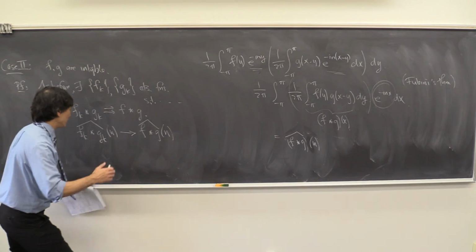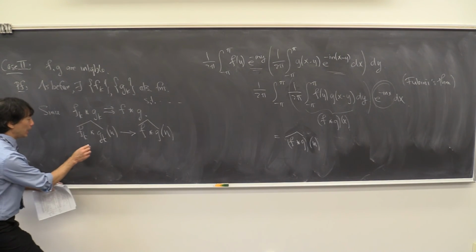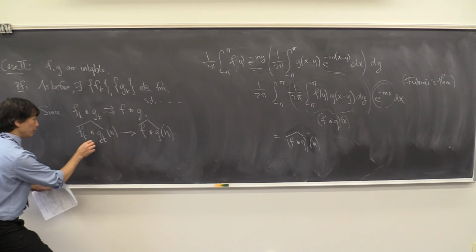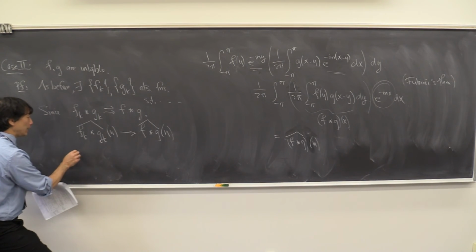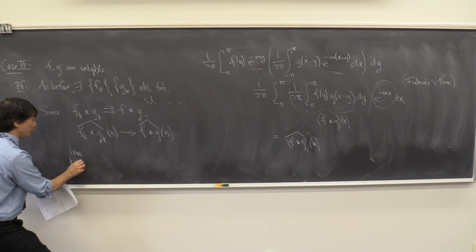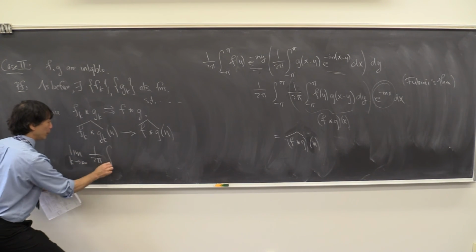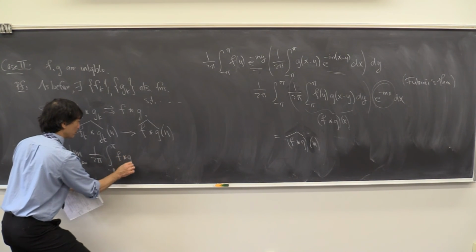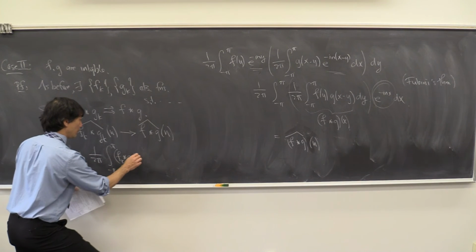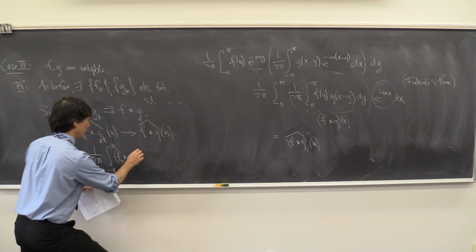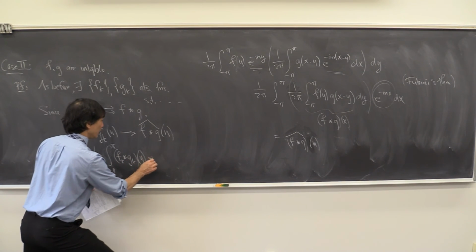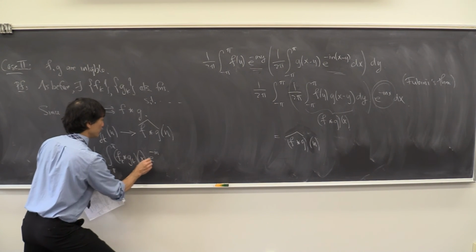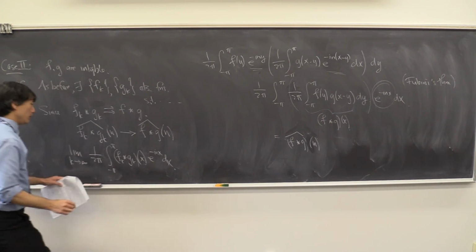Actually, let me say exactly why that happens. If we take the limit as k goes to infinity of the Fourier coefficients, we get the integral with e to the negative i n x dx.